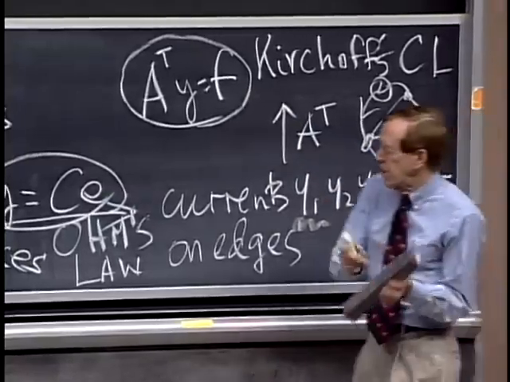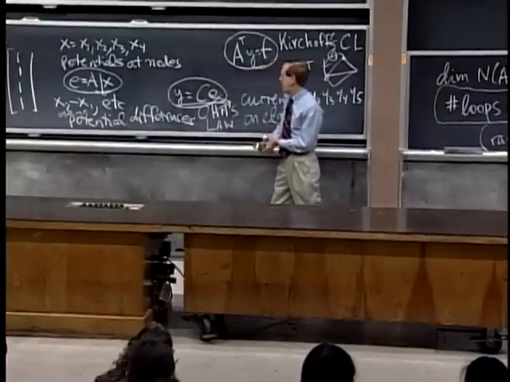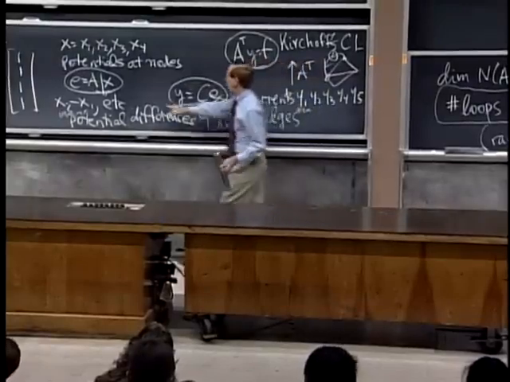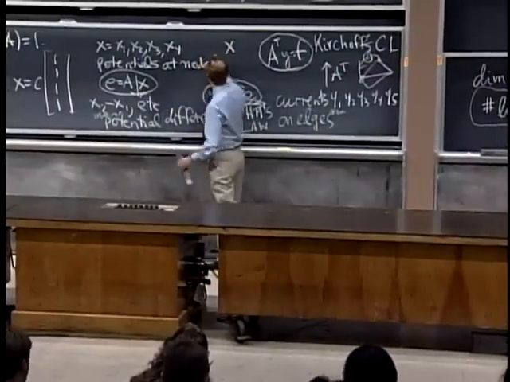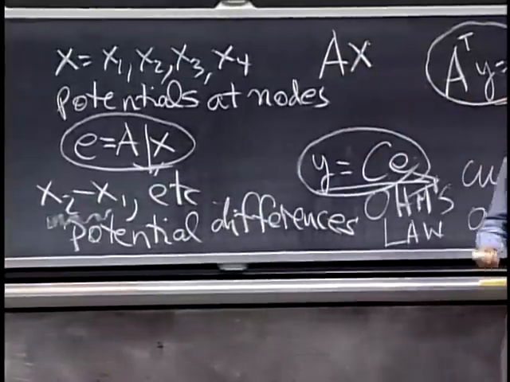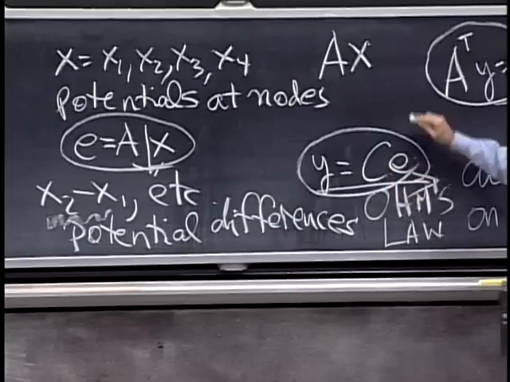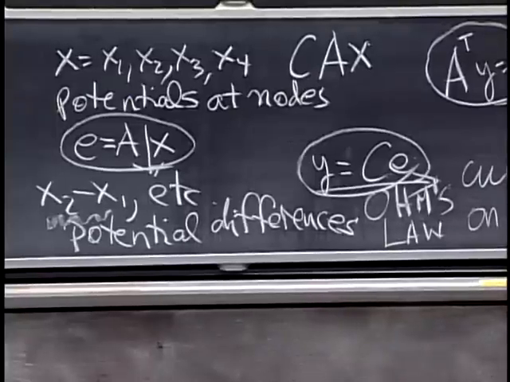And to complete the lecture, I'm just going to put these three equations together. So I start with x, my unknown. I multiply by A. That gives me the potential differences. That was our matrix A that the whole thing started with. I multiply by C. Those are the physical constants in Ohm's law.